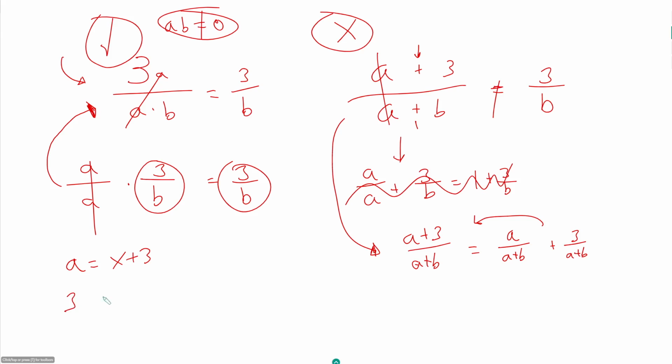If that were true, we would have, say, a is equal to x plus 3 and b is equal to 5. We would have 3 times x plus 3 all over x plus 3 times 5. And this would be equal to 3 over 5 because our x plus 3 would cancel out.